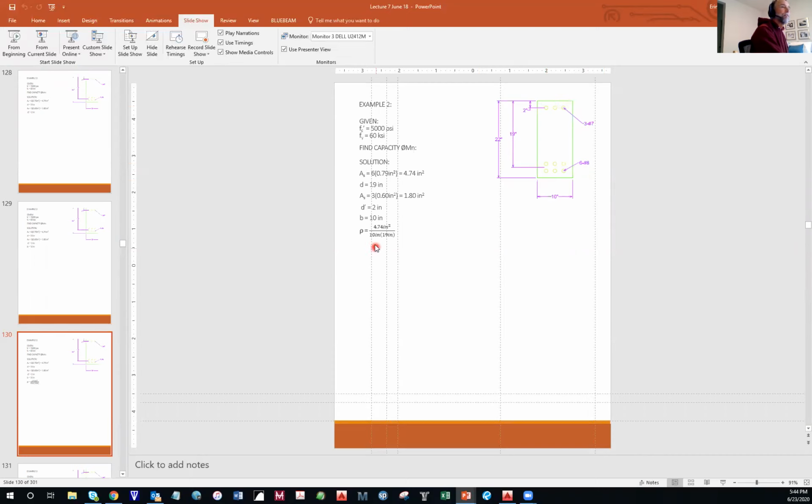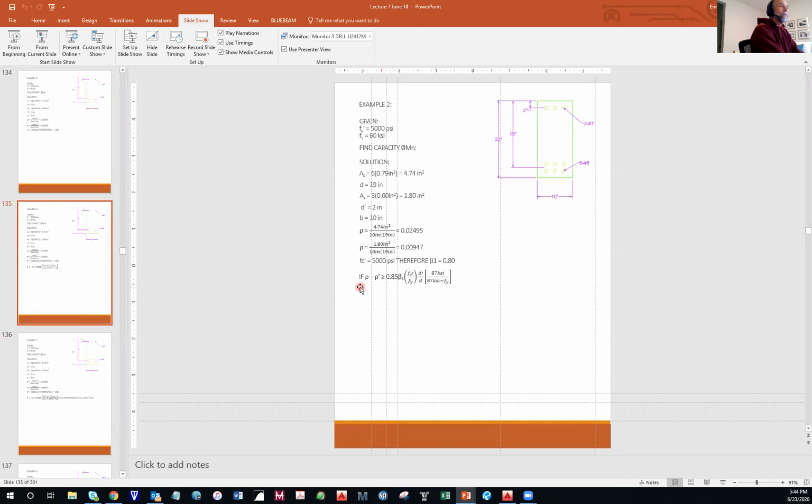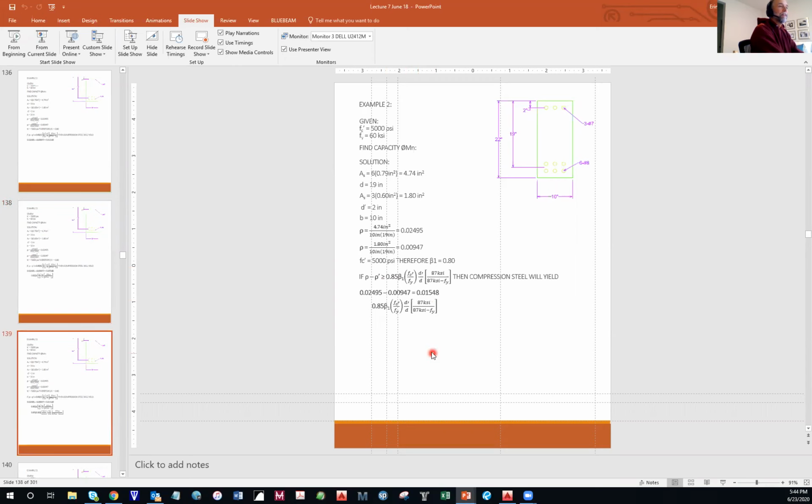And we calculated rho, and we calculated rho prime, and then we did our test. So if rho minus rho prime is greater than this value, then the compression steel will yield. And in this case, we had 0.01548, which was less than 0.01922. So in this case, the compression steel will not yield.